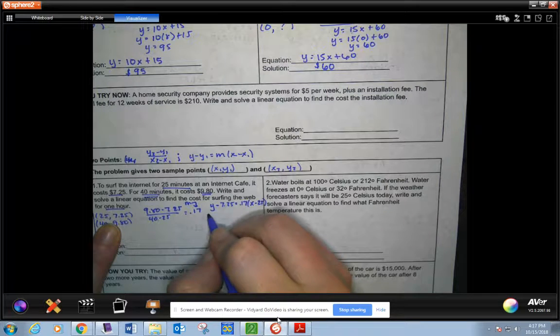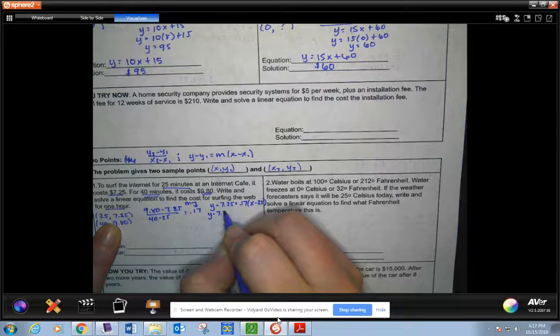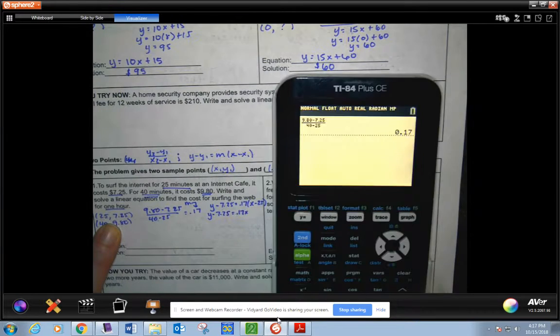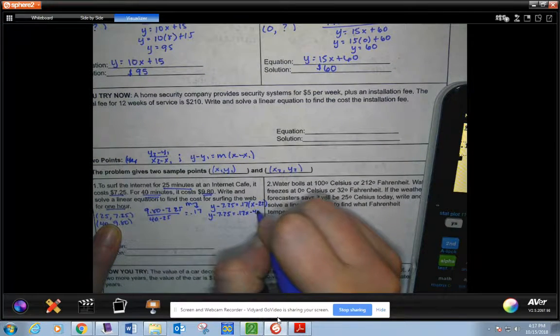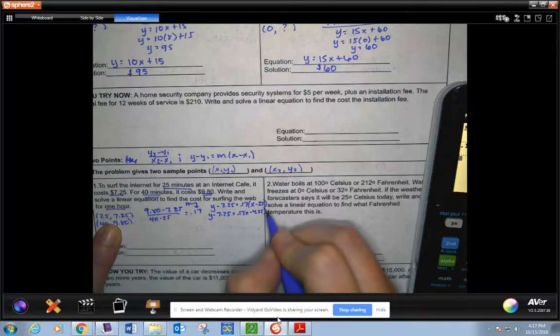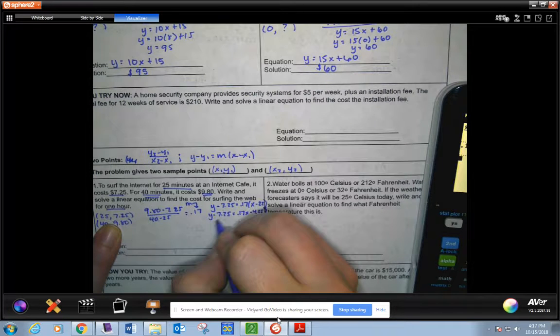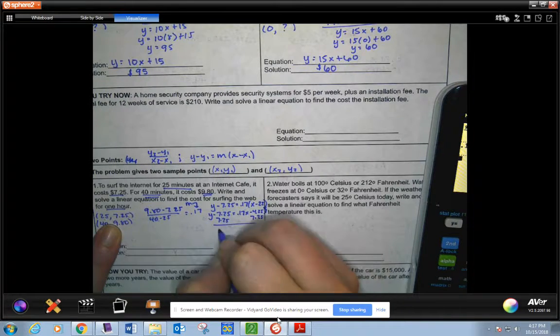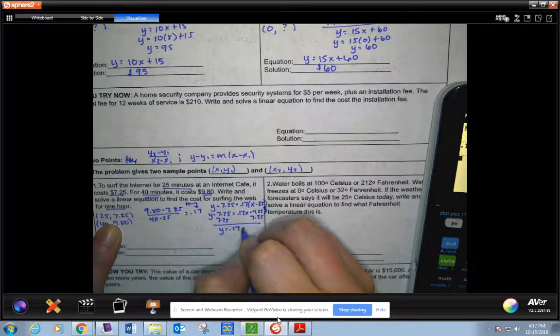Okay, now I'm going to distribute and solve. I keep y minus 7.25 equals 0.17x, and then 0.17 times negative 25 is negative 4.25. Okay, I'm going to add 7.25, and that gives me y equals 0.17x plus 3.